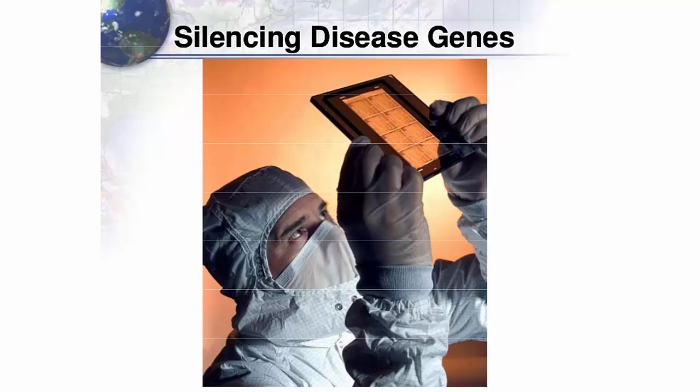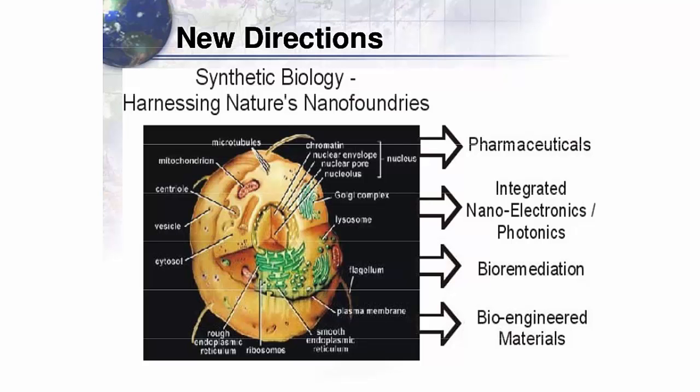Then there's actually going in and turning off genes, perhaps. This might be before a child's born. This might be something that we can do when they're young. It might be something we have to do later. But what are the opportunities with that? And so there are synthetic opportunities for pharmaceuticals, nanoelectronics.